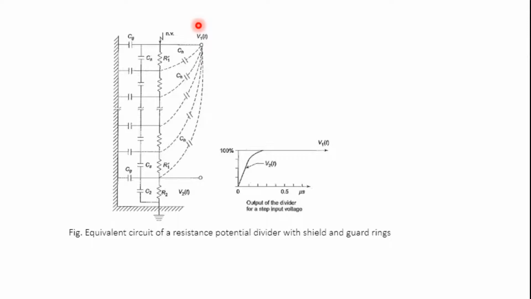This will reduce the distortion introduced by the original divider, and this is the output waveform. If CH is introduced, there is a possibility of cancellation of CG and CH, and the distortion introduced by the original divider will be minimized. This is the concept of potential dividers used for high voltage impulse measurement.